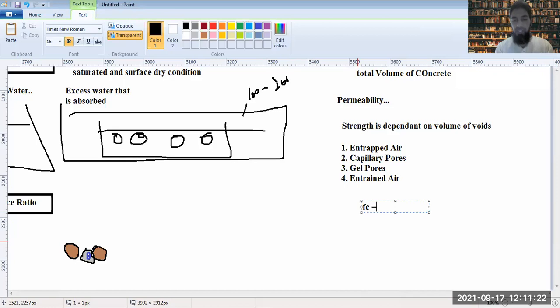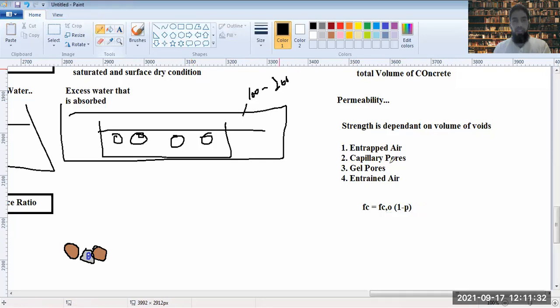So fc is actually dependent on porosity. There is a formula for this. fc equals fc naught times (1 minus P) raised to the power n.